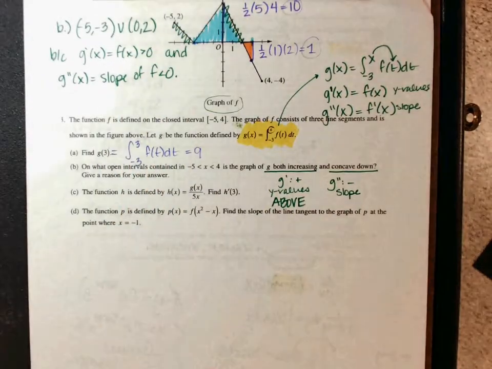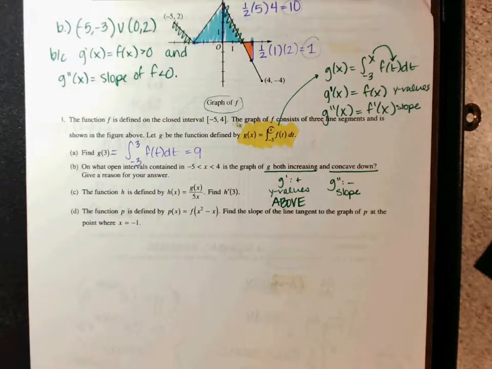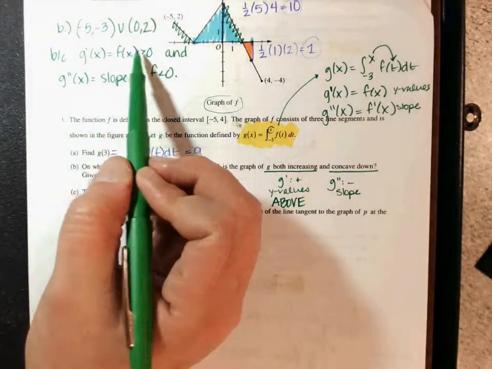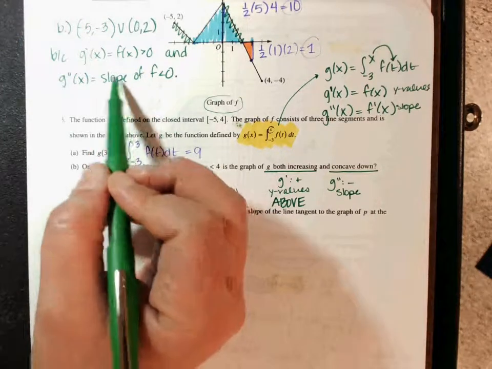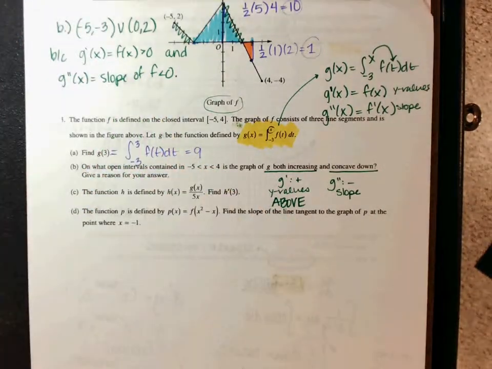Now, there are other ways that you could justify that. You could have said that f is greater than 0 and not put the g prime. Or you could have said that f is increasing, which is the same as a positive slope. Okay? Go down to part C.